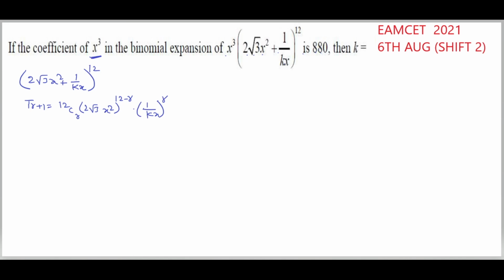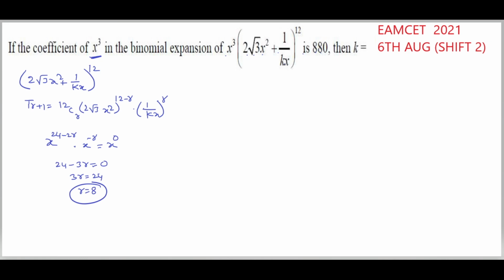So write down the power of x, that is x to the power of 2 into (12 − r), that is 24 − 2r, into x to the power of −r, is equal to x to the power of 0. That is 24 − 3r is equal to 0. So 3r is equal to 24. From this, r is equal to 8.